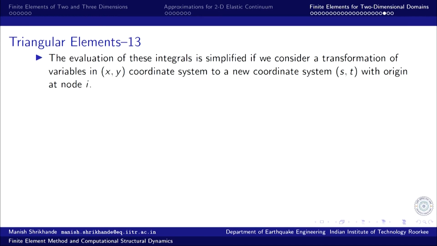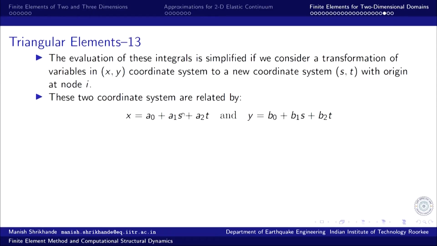defining the linear mapping. Evaluation of these integrals is simplified if we consider a transformation of variables in the x y coordinate system to a new coordinate system s t, with the origin at one node at a time. So, for each edge we take it one at a time. For edge ij we consider the origin at node i. These two coordinate systems are related by a linear transformation.